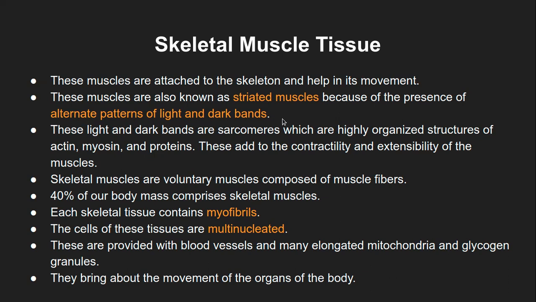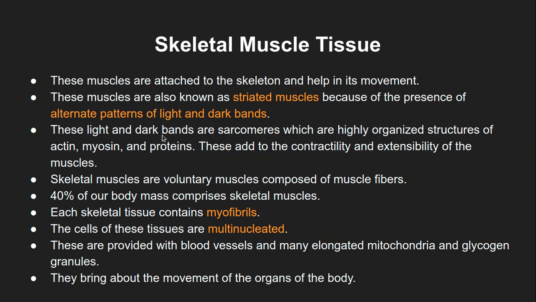You don't have to remember why actin and myosin, but you can at least remember what striation is. That is for your better information. So that is the skeletal muscle, also called striated muscles, or voluntary muscles, because you can move these muscles in your own way.